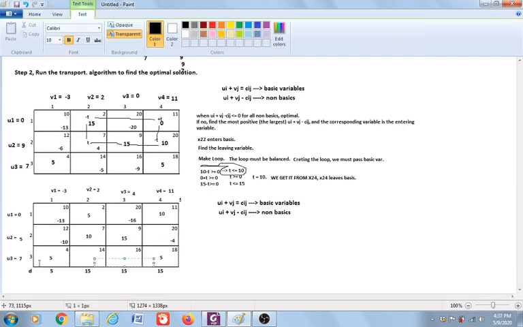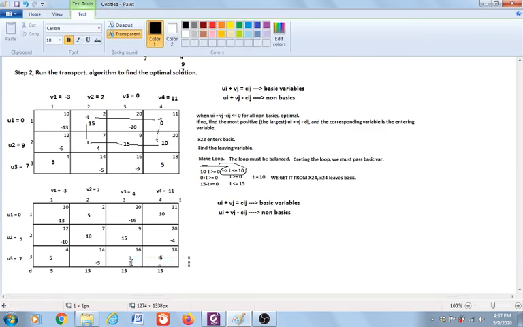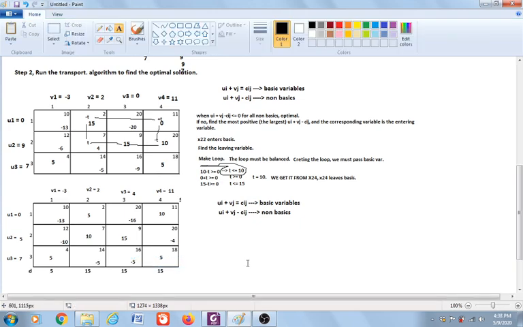And this one 7 plus 2, 9 minus 14, minus 5. And 7 plus 4, 11 minus 16, that is minus 5. Now we have all ui plus vj minus cij for the non-basic variables: minus 13, minus 16, minus 10, minus 4, minus 5, and minus 5.